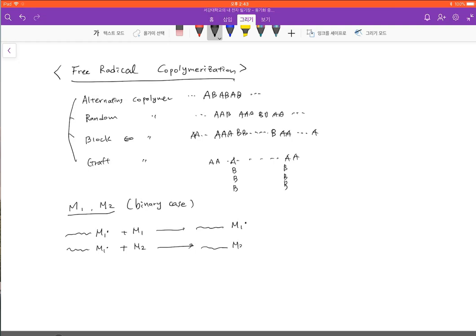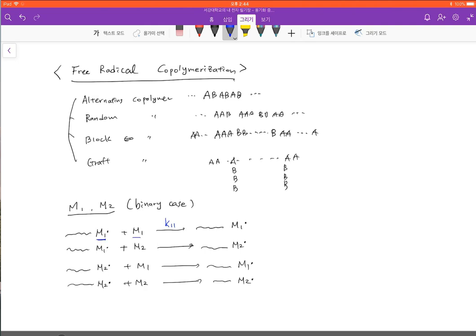The same M1 radical reacts with monomer M2, forming M2 radical. Similarly, M2 radical reacts with M1, forming M1 radical. Also, M2 radical reacts with M2, forming M2 radical. So there are four different possibilities.